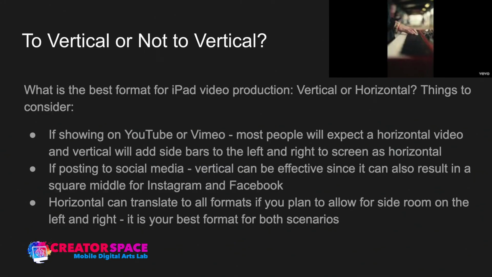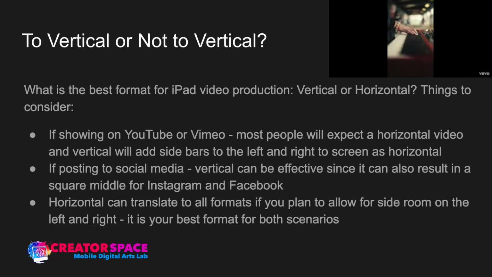So if you want to shoot horizontal that's vertical safe, you'd want to be right in the middle of your framing, so the subjects are right in the middle. That way, all this information is on the left and right, and that can cut out. But I can still keep a square or a vertical image this way. So just some things to think about when you're doing the framing and how to deal with that.